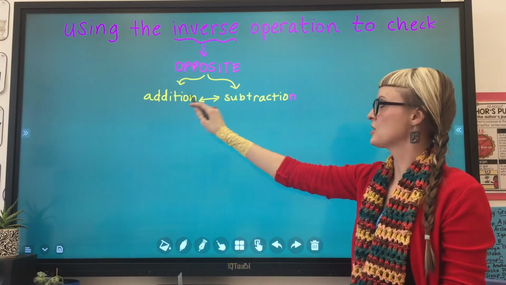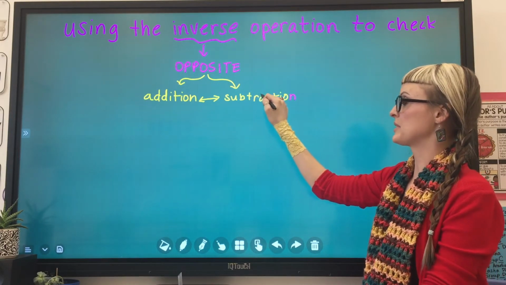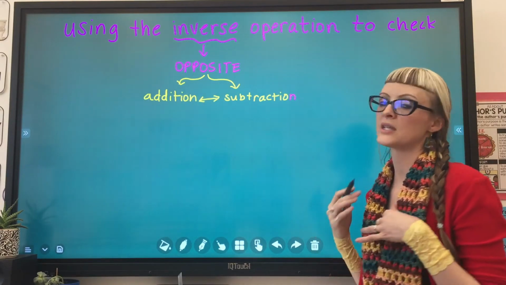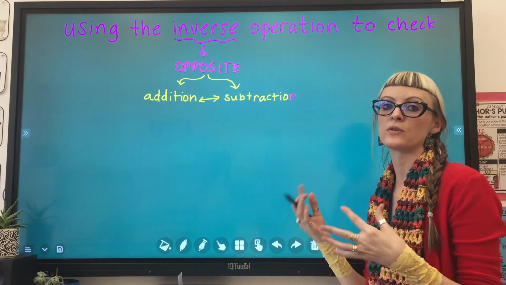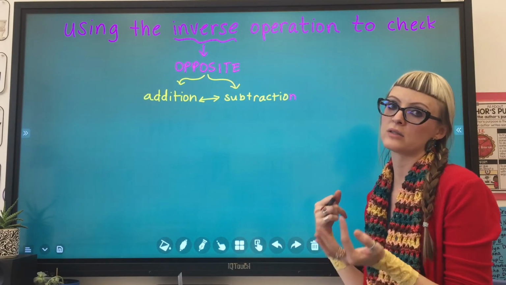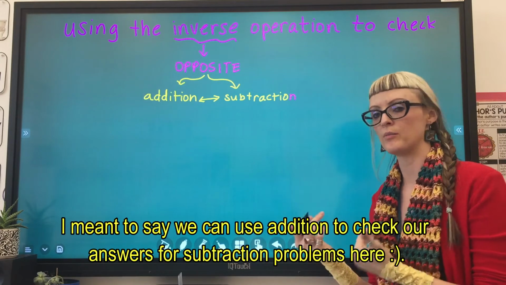So the opposite of addition is subtraction, and the opposite of subtraction is addition. So it means that we can use subtraction to check our answers for addition problems, and we can use addition to check our answers for subtraction problems.